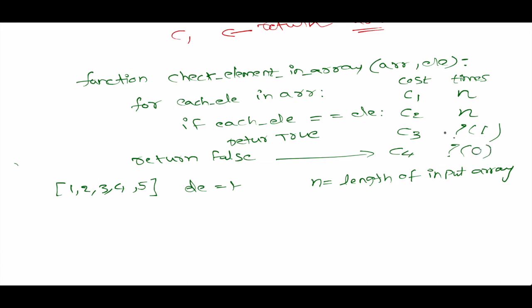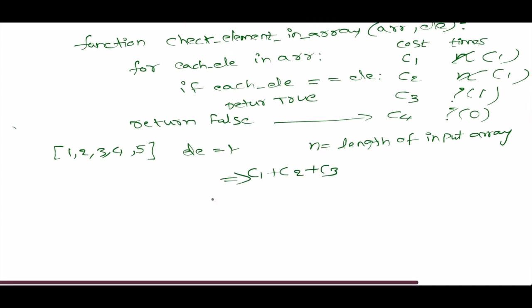So in this case, what happened is, even this for loop will actually take only one time, this also one time, c1 plus c2 plus c3, we can say this, right? So now let's say our element is 3.